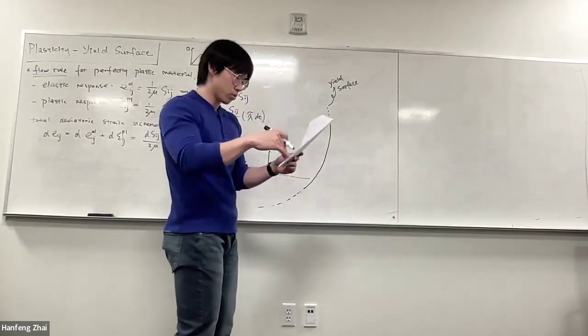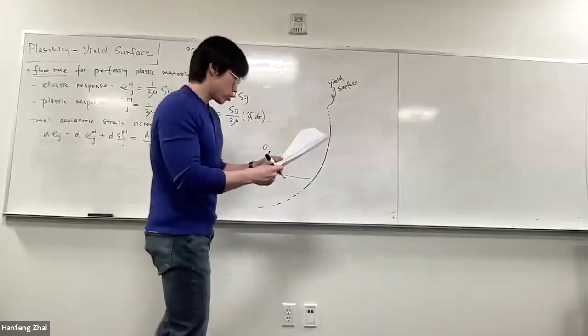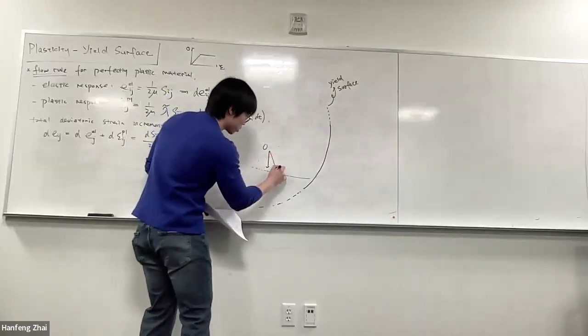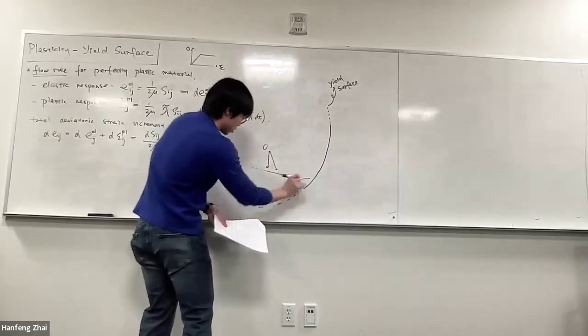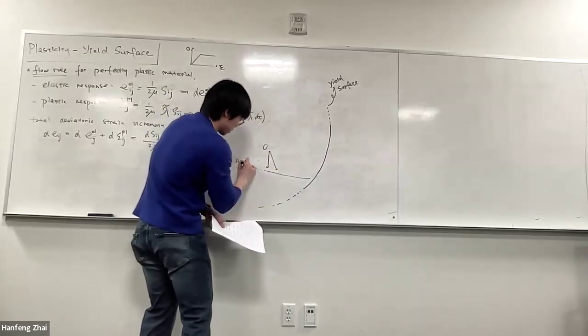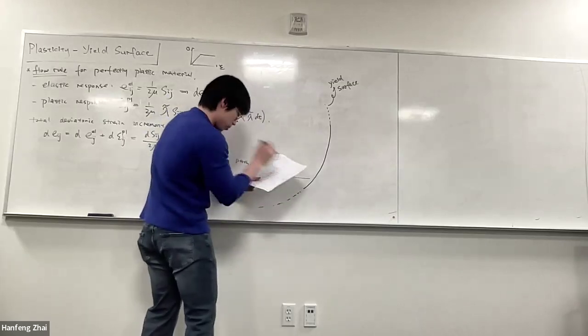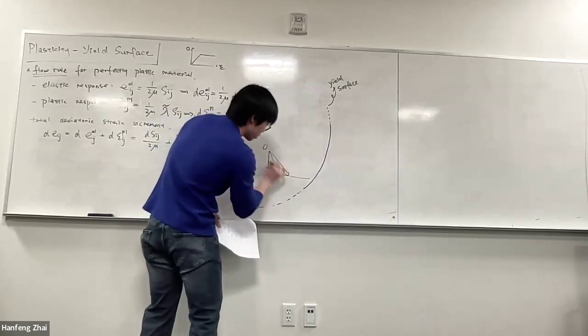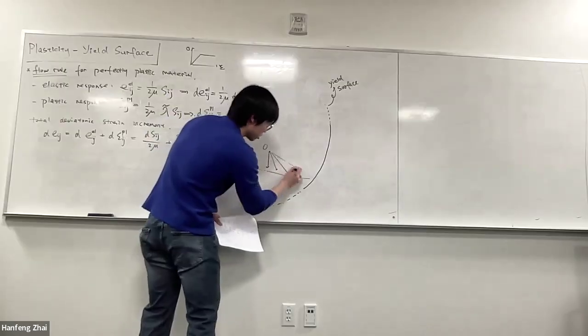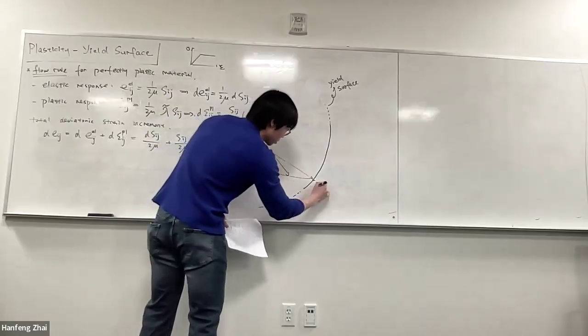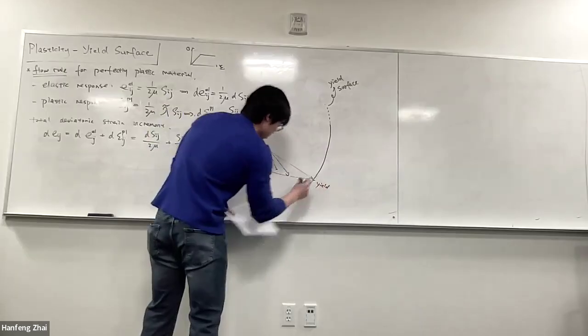So it should be proportional to the applied stress, right? If I'm loading according to this path, then these are different stress projections, and this is the point where the material yields, right?